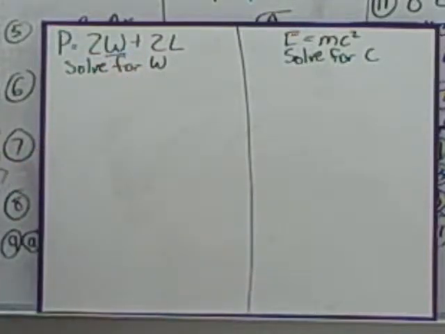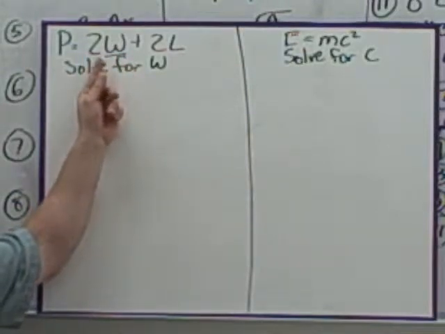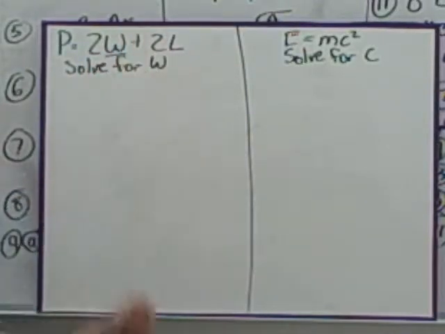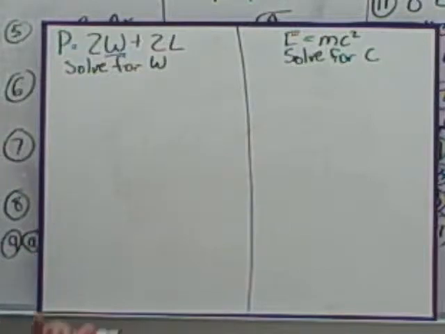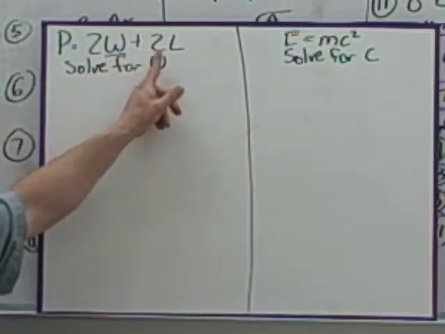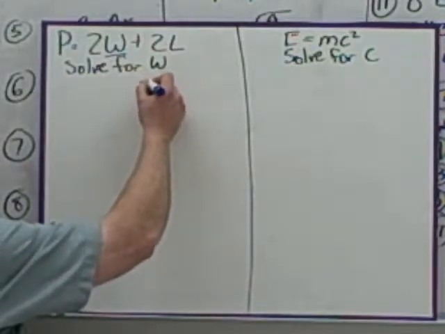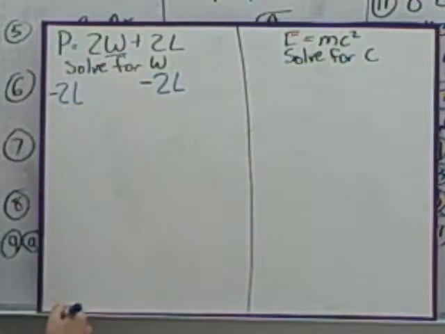According to the order of operations, if I had values here, I would be multiplying by 2 and then adding this 2l here. We need to do the opposite operations to solve, and in the opposite order. So instead of finishing off by adding 2l, I'm going to start off by subtracting 2l from both sides.